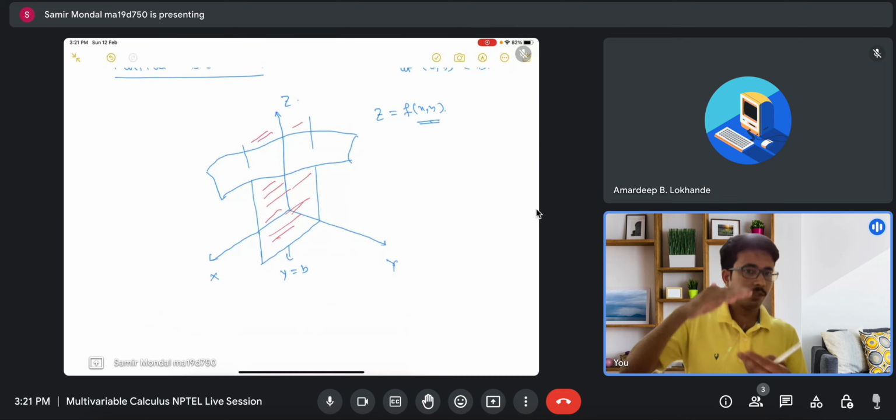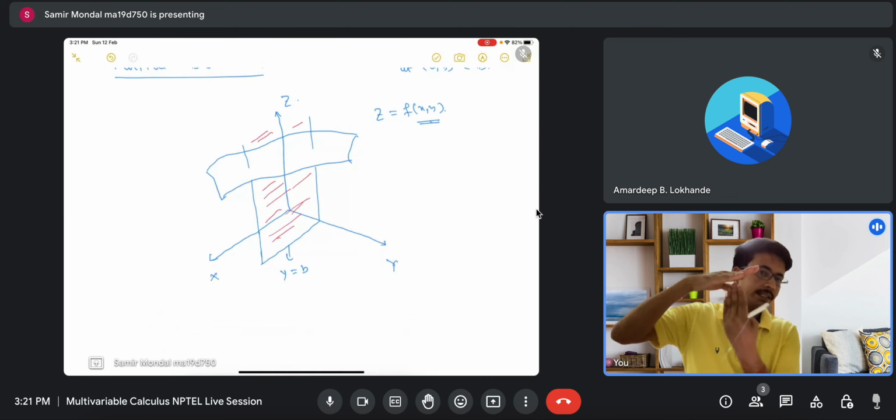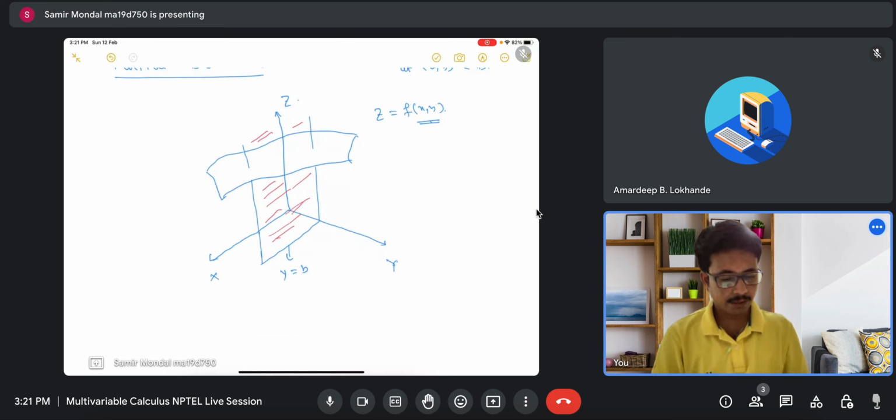We are looking for the intersection between the surface and this plane, so we will get one curve only.